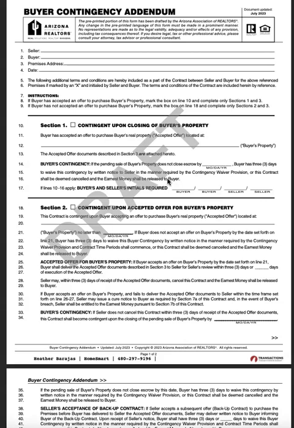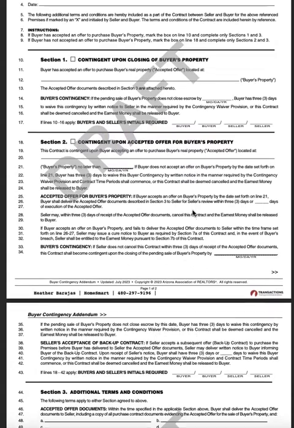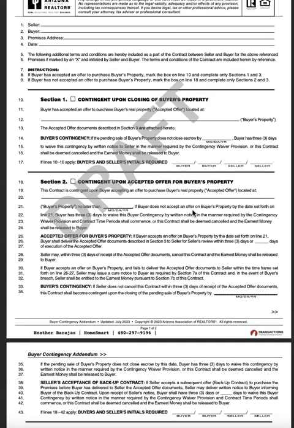So, section 2, though, is contingent upon an accepted offer for the buyer's property. There's a lot that goes into this. Section 2 is super complicated. Let's say you're in a position where you have very specific needs for the home that you want to purchase, and you're not seeing a lot on the market in your price range for what you need.